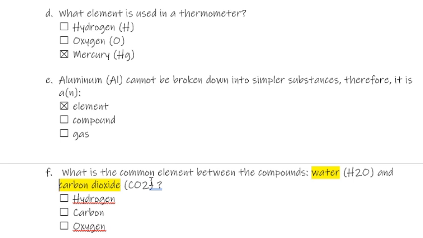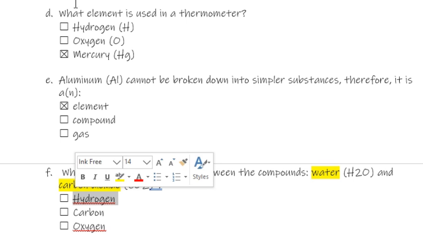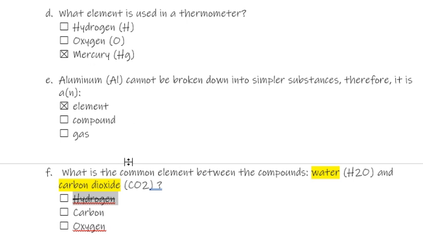What is the common element between these two compounds? Water contains hydrogen in it, but does carbon dioxide contain hydrogen? Is there an H in its symbol? No, there is no. So hydrogen is a wrong answer. We're not gonna choose it, okay? What about carbon? Carbon dioxide has carbon in it, but does water have carbon in it?